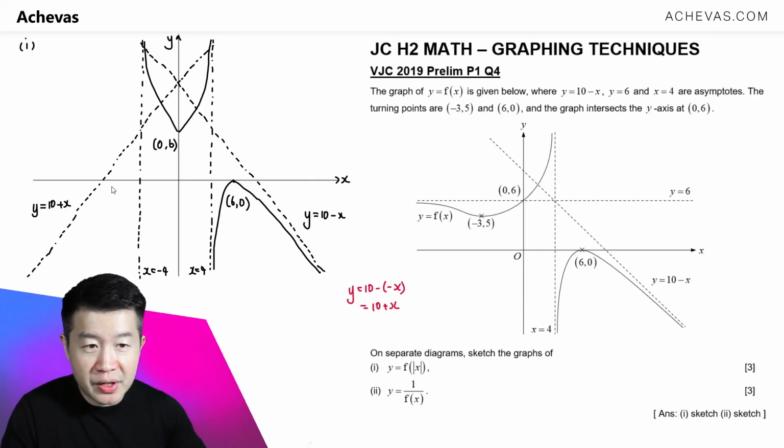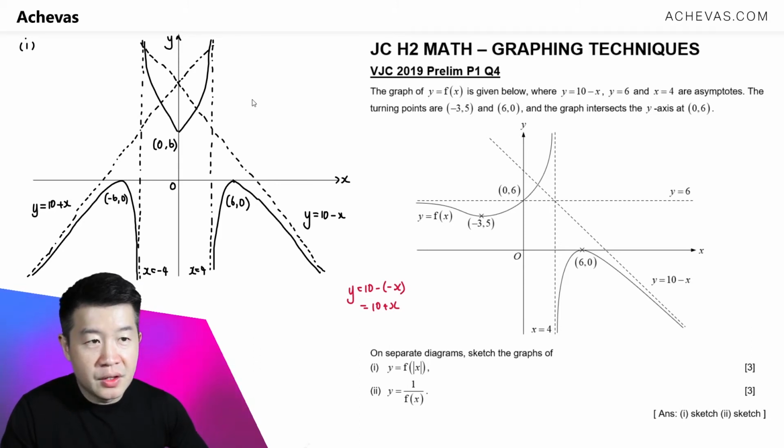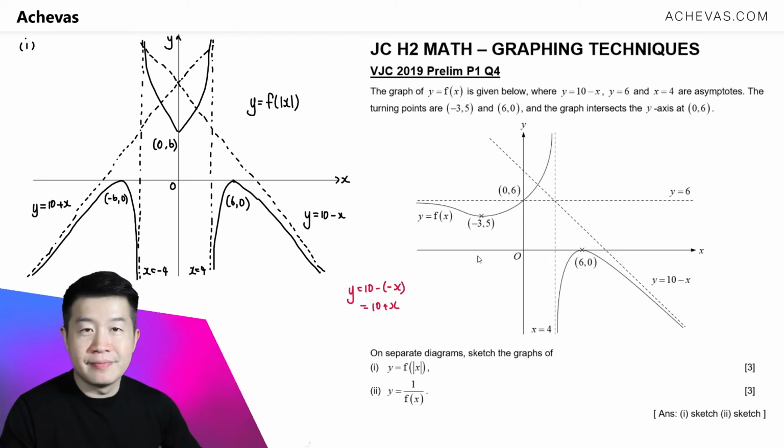So we have another part of the graph here. So you will touch here on the x-axis, and you tend towards the vertical asymptote. So we have it here. And the coordinate of this is going to be minus 6, 0. So this is the graph of y is equal to f modulus of x.